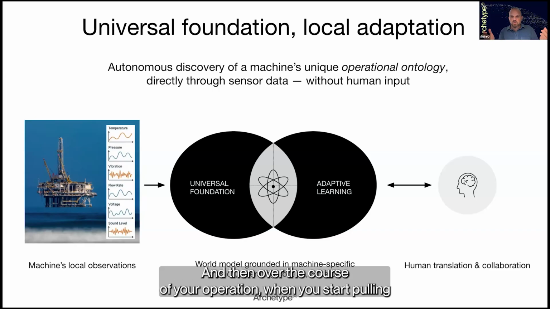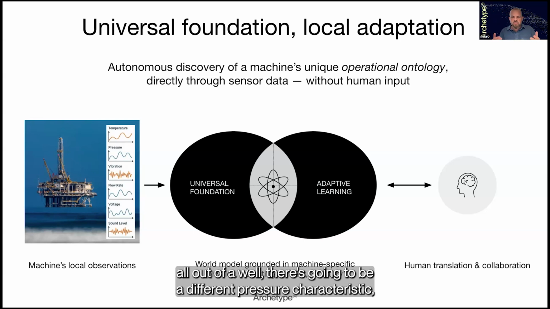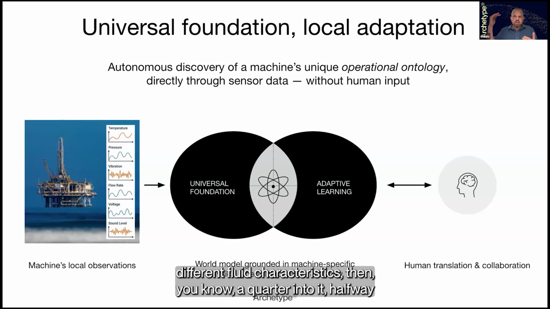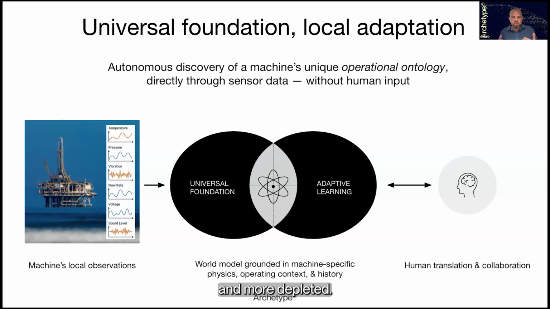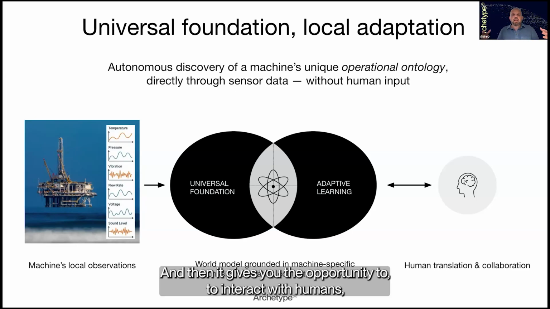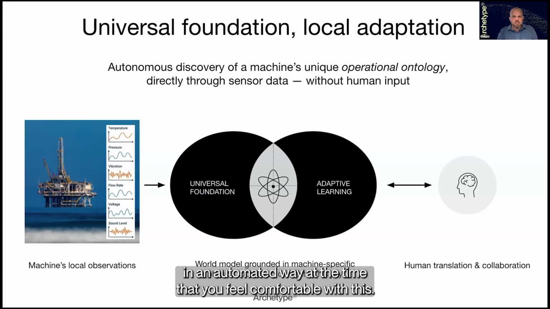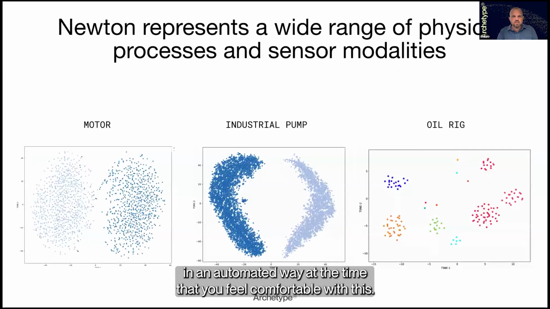And then over the course of your operation, when you start pulling oil out of a well, there's going to be a different pressure characteristic, different fluid characteristics than a quarter into it, halfway, and more depleted. And then it gives you the opportunity to interact with humans, to pull intelligence out of that, or to make it part of your operations in an automated way at the time that you feel comfortable with this.